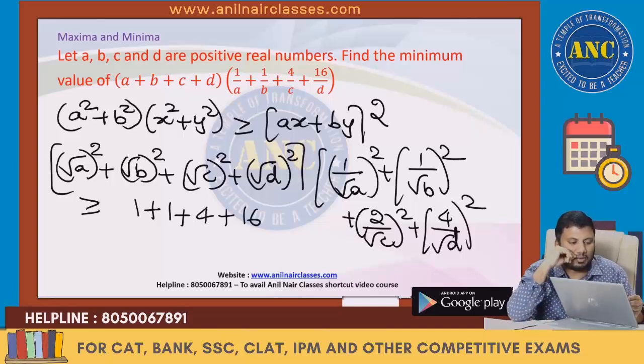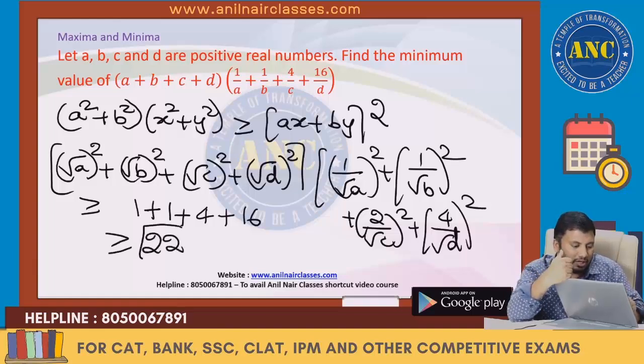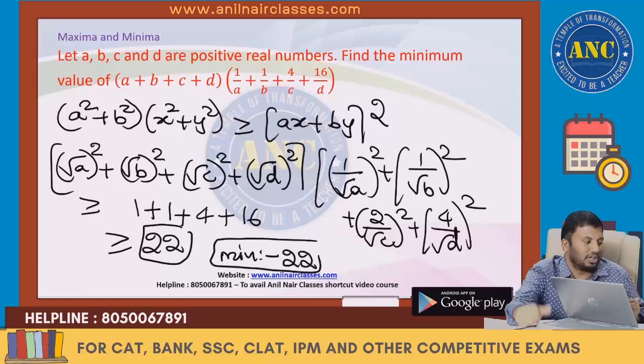So this is nothing but (a plus b plus c plus d) into (1 by a, 1 by b, 4 by c plus 16 by d), greater than or equivalent to 22. So the minimum value is 22. Minimum value for this question is 22.